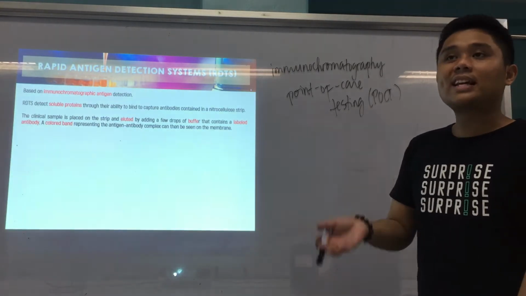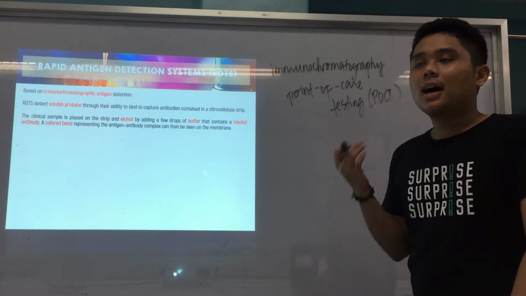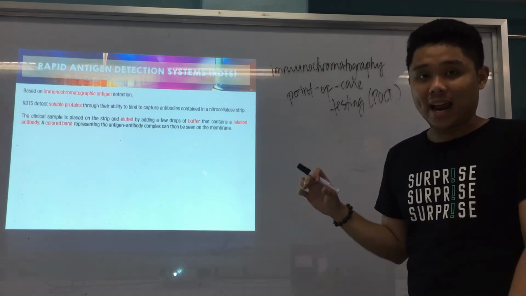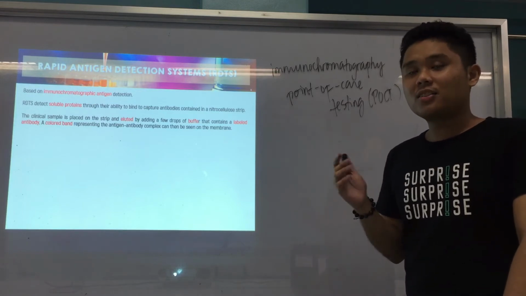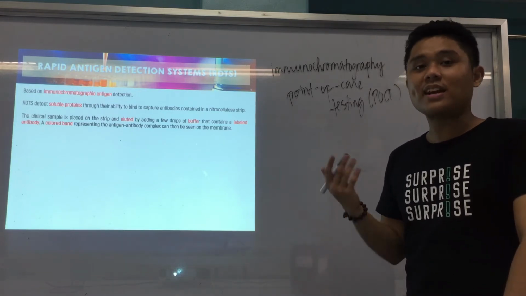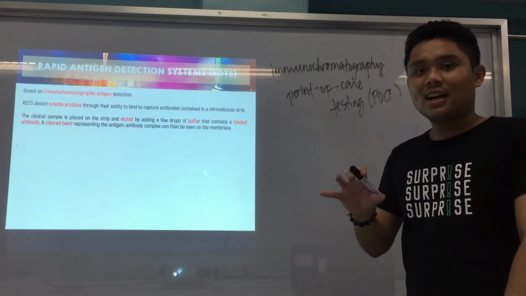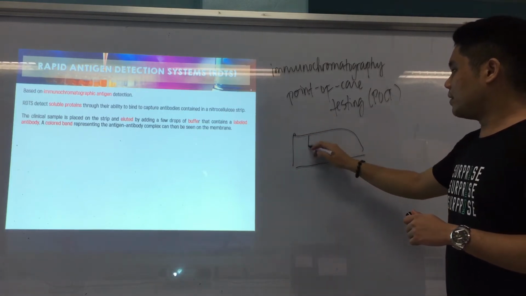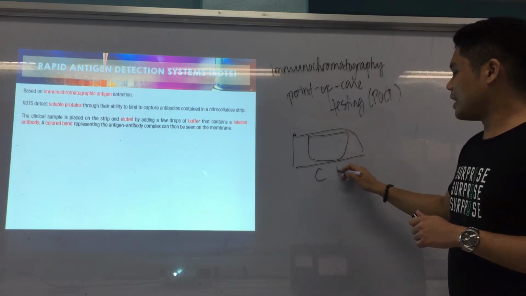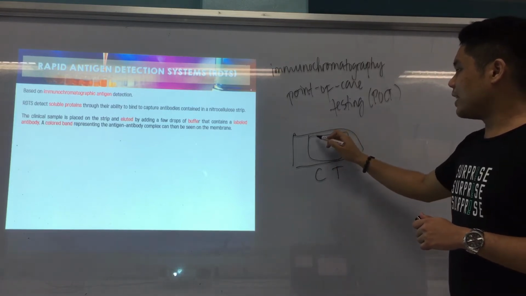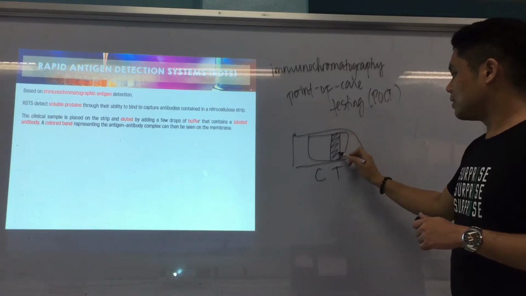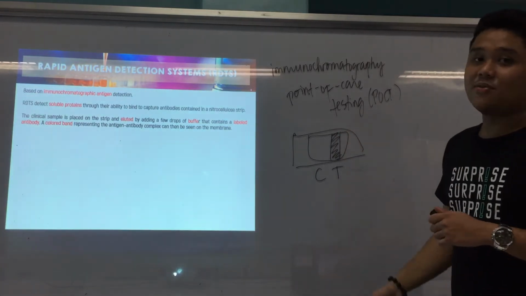Always take note when interpreting test kits: always make sure that there is a line on the control line. Because if there is no line in the control line, even if there is a line on the test band, you have the frame here and then the control and test line. If there is no line on the control but there is a line on the test, that is still considered invalid.